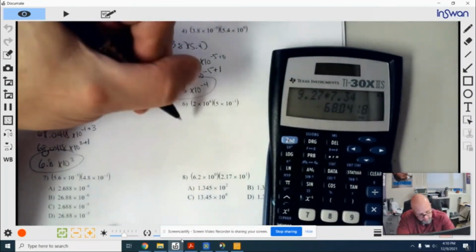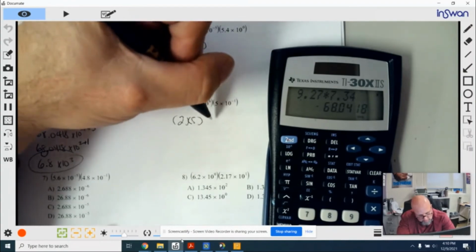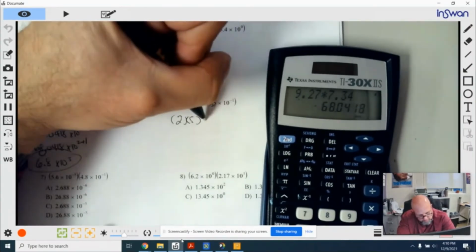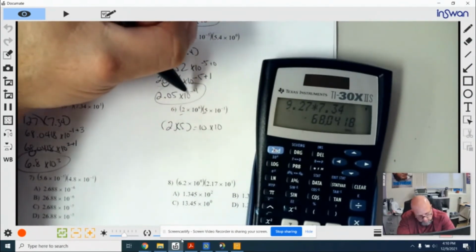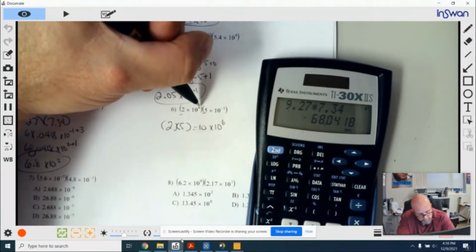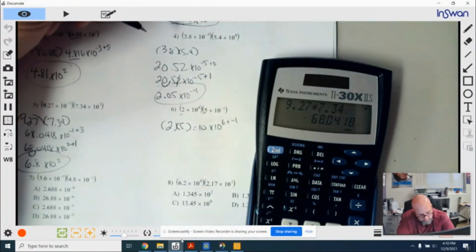Okay, number 6, we have 2 being multiplied by 5. So 2 times 5 there, so that gives me 10. And then I put times 10, and I have the power of 6. I'm going to add it with the back one, negative 1.